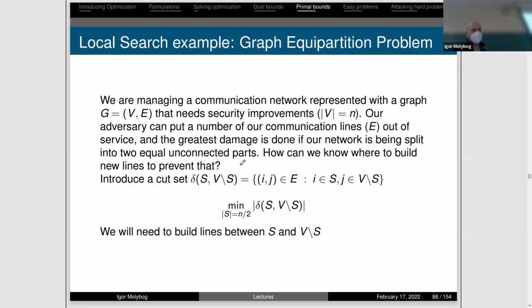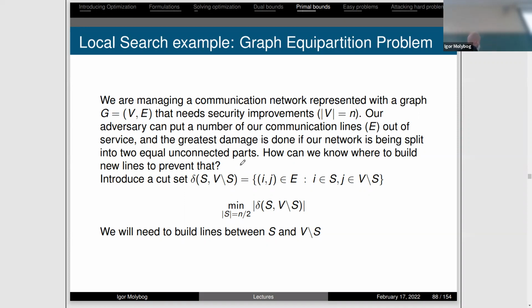So we introduced the cut set. The cut set delta of S, for S in V, is the set of edges such that the beginning of the edge is inside the set S, and the end of the edge is outside of set S. So if we are given a set of nodes, for example, 1, 2, and 6, then the cut set is a set of edges that have one end inside the set S and another end outside of the set S. For example, for 1, 2, 6, this edge would be inside our cut set.